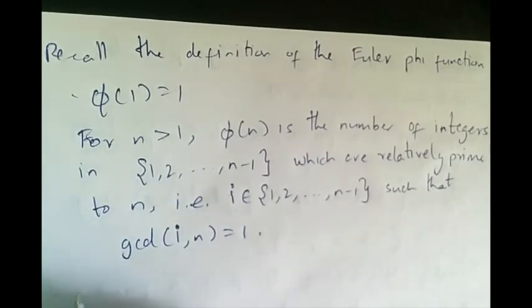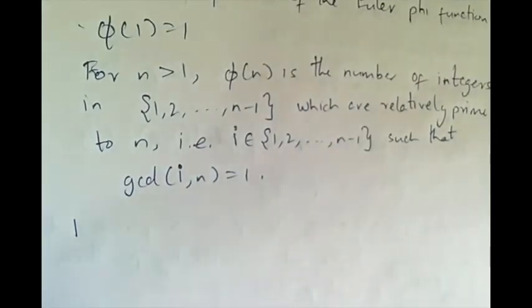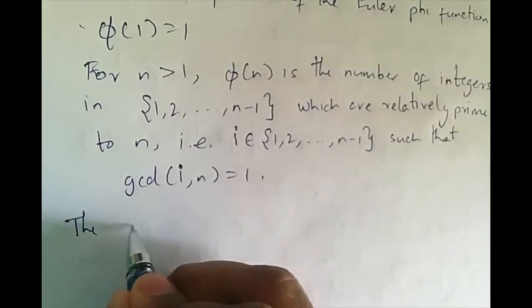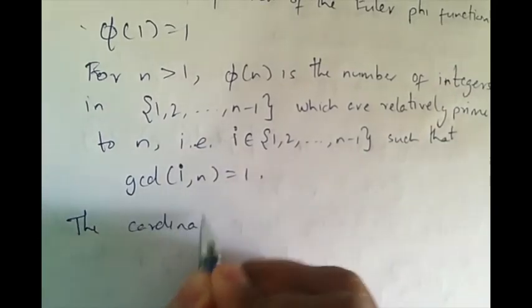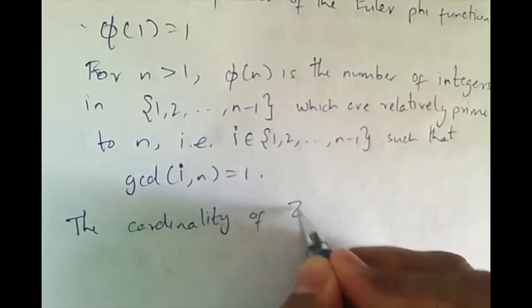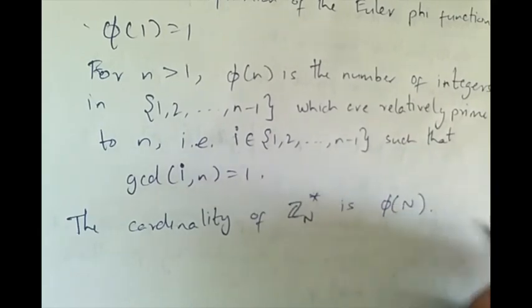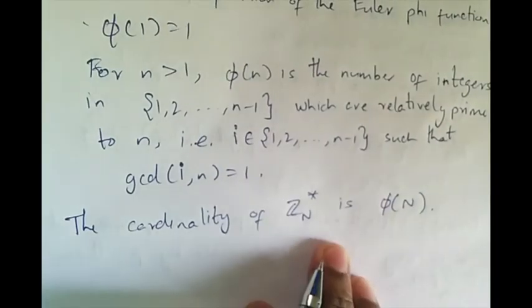Okay. So why are we recalling this definition? So it turns out that by definition, the cardinality of Zn star is going to be phi of n, because it is the number of integers in the set 1 to capital N minus 1 such that the GCD of the integer and capital N is 1.